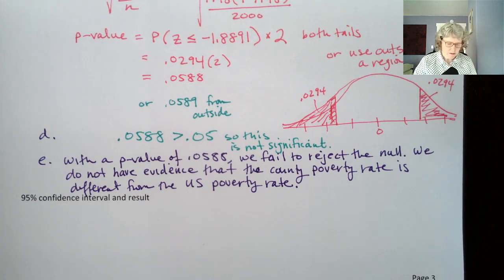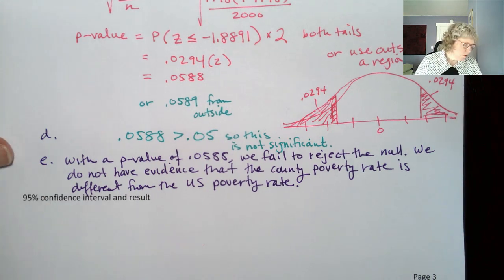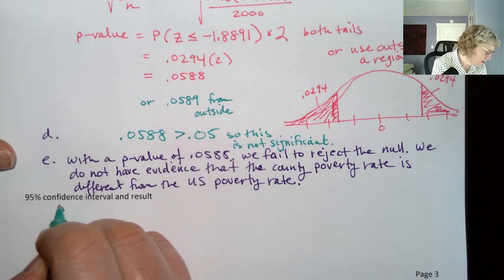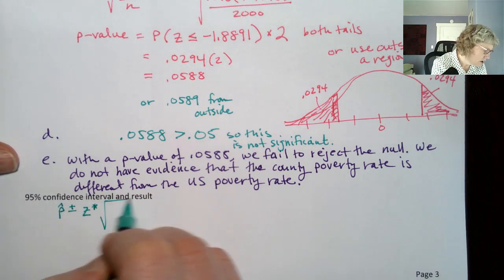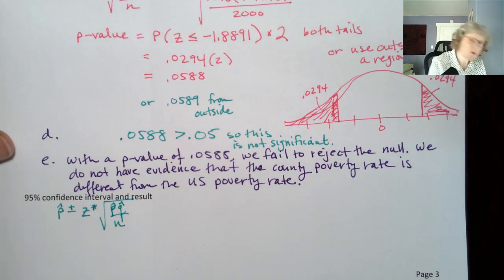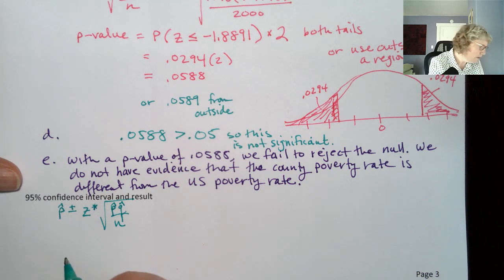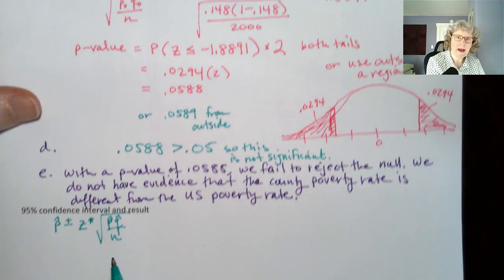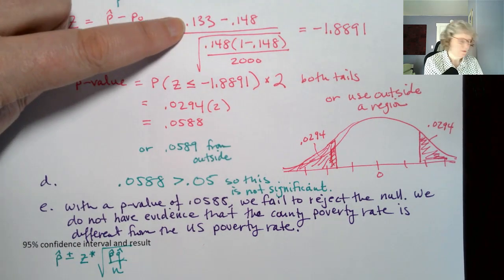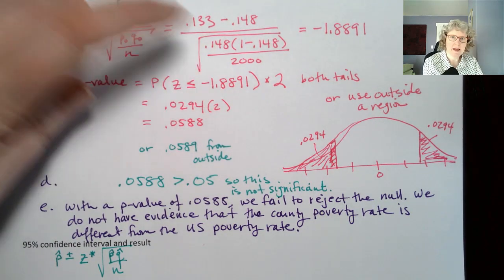Okay, so now let's do our confidence interval and see what happens there. So I'm going to write out my formula, p hat plus or minus z star times the square root of p hat q hat over n. Now on the interval, remember we do everything with p hat because that's all the information we know, p hat and n.